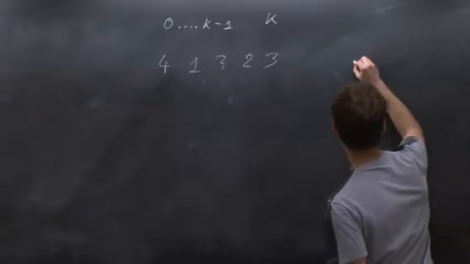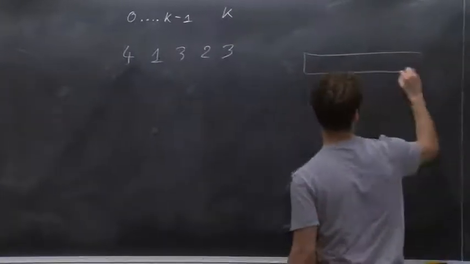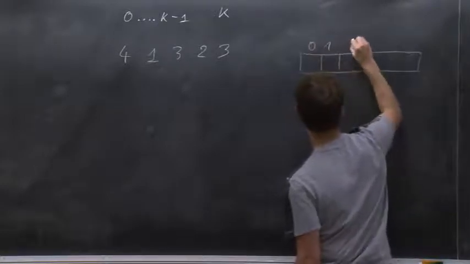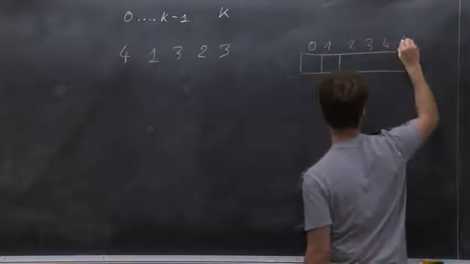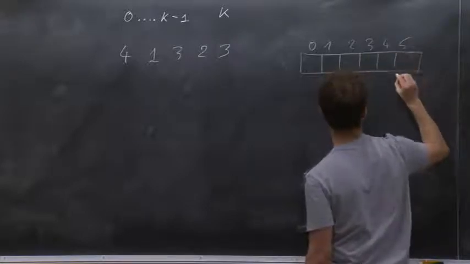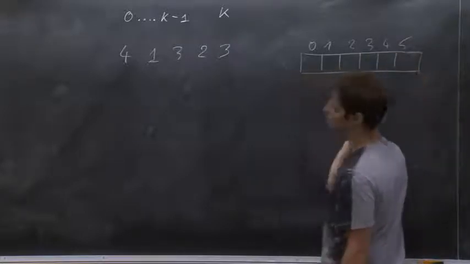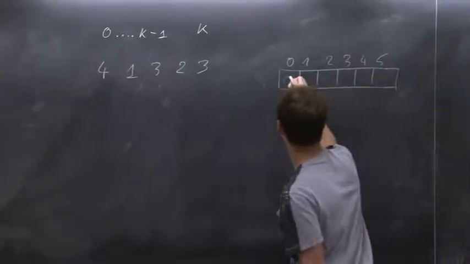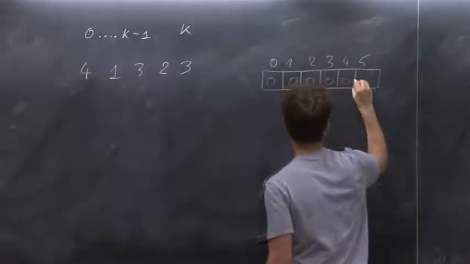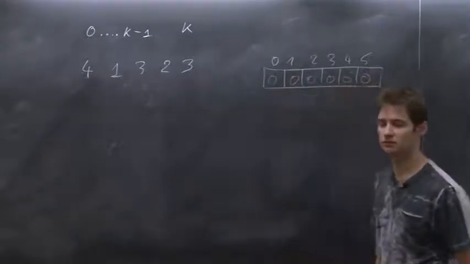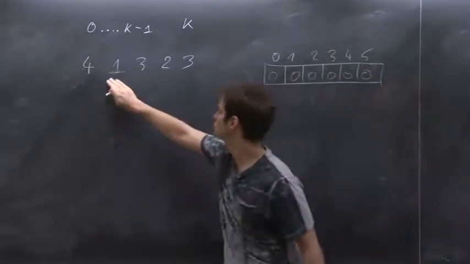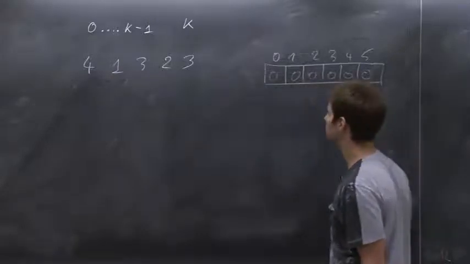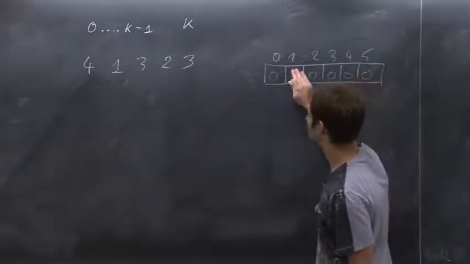Let's say this is an array, with indices 0, 1, 2, 3, 4, 5. So we're going to initialize it with zeros. And then iterate over our list, incrementing the corresponding value for each key.